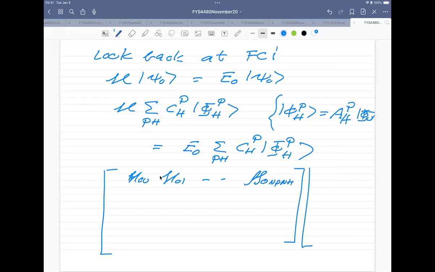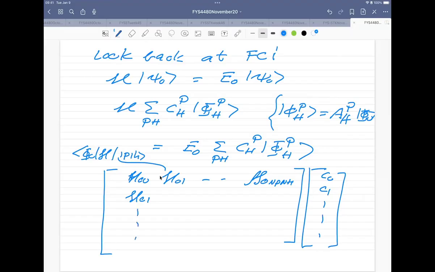And then we have the coefficients here where we had a C0, C1, one particle, one hole, etc., all the way down. And then we have H01, so this is the overlap. If we just look at this specific one, this is the overlap between the ground state and the first block of one particle, one hole states. And all the way down here to H of 0, n particle, n hole.